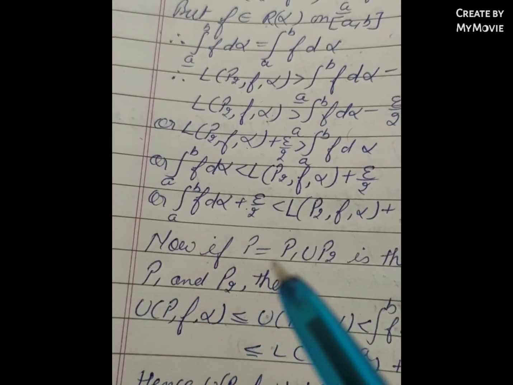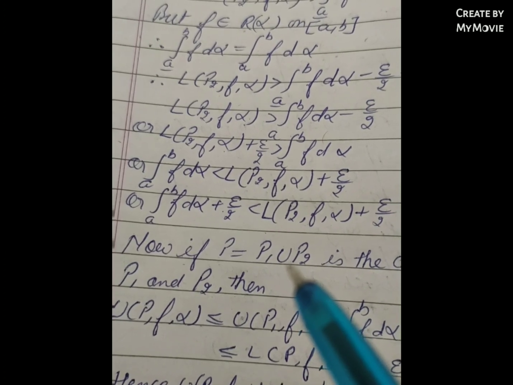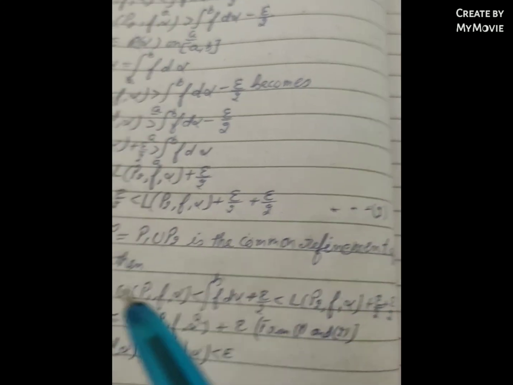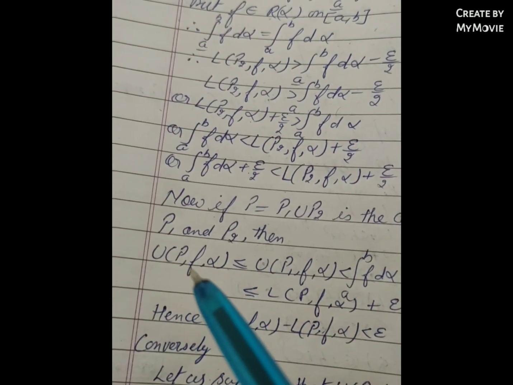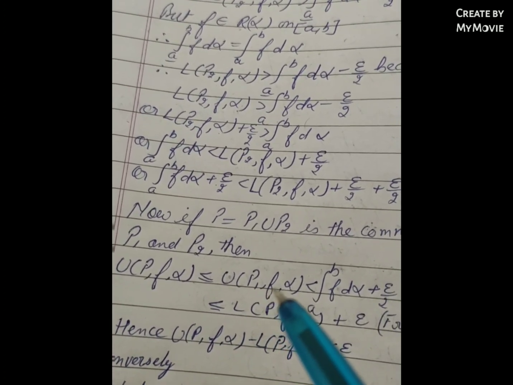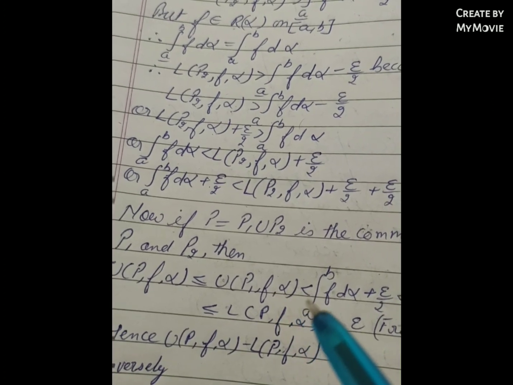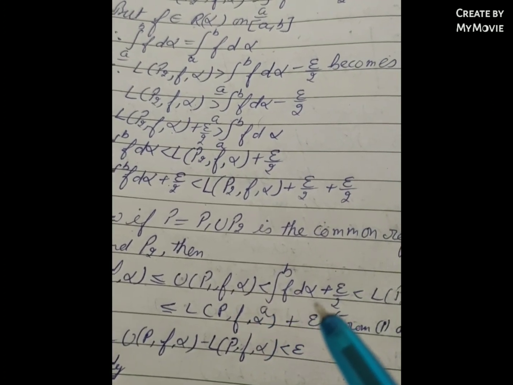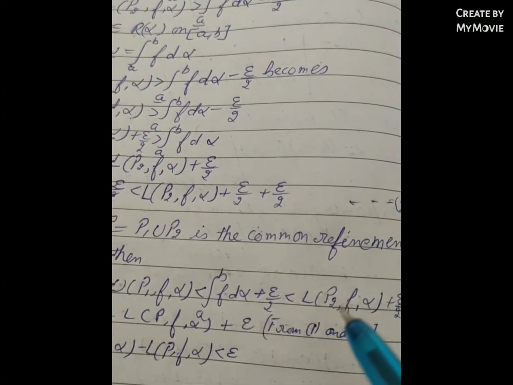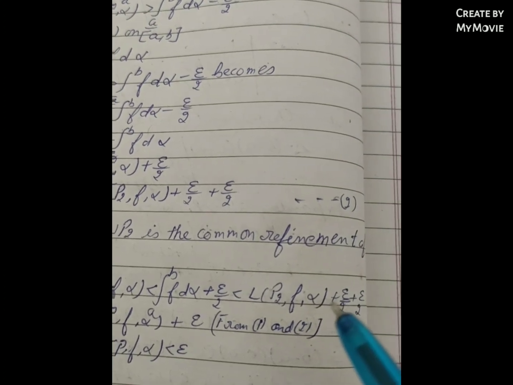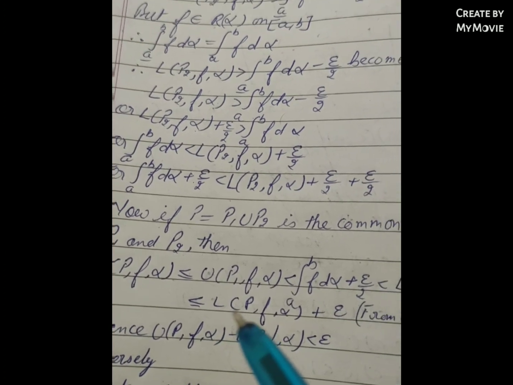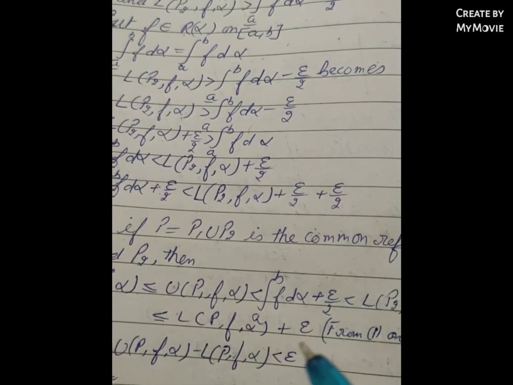Now if P is the union of P1 and P2, the common refinement of P1 and P2, then the upper sum U(P, f, alpha) is less than or equal to U(P1, f, alpha), which is less than the integral from a to b of f d alpha plus epsilon upon 2, which is less than L(P2, f, alpha) plus epsilon upon 2 plus epsilon upon 2, which is less than or equal to L(P, f, alpha) plus epsilon.